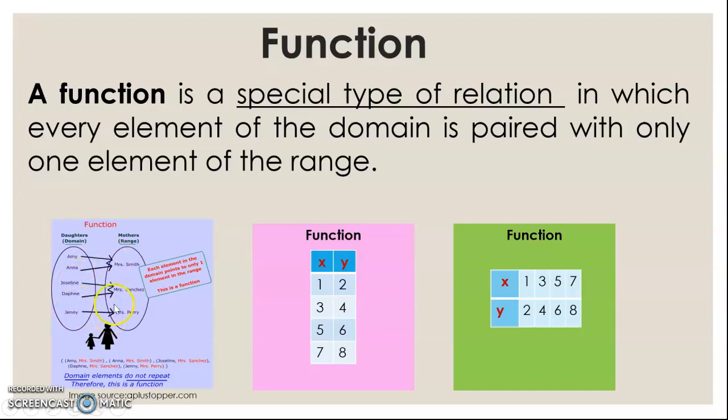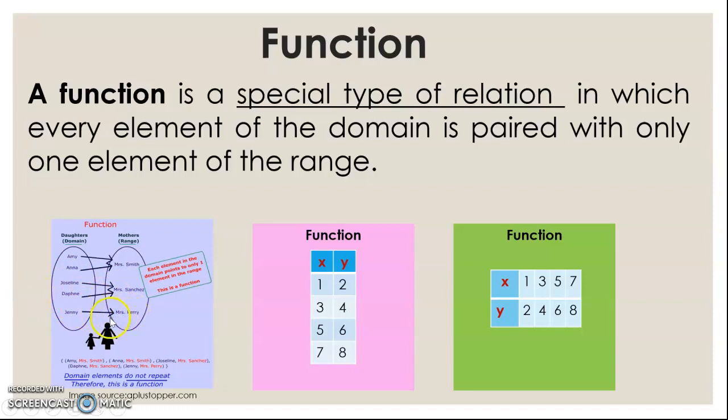So makikita natin si Ami, isa lang ang pair niya, naka-pair lang siya kay Mrs. Smith. Anna has only one pair, and naka-pair din siya kay Mrs. Smith. The other one is Jocelyn, and she's paired with Mrs. Sanchez. Daphne has also one pair, and she's paired with Mrs. Sanchez.